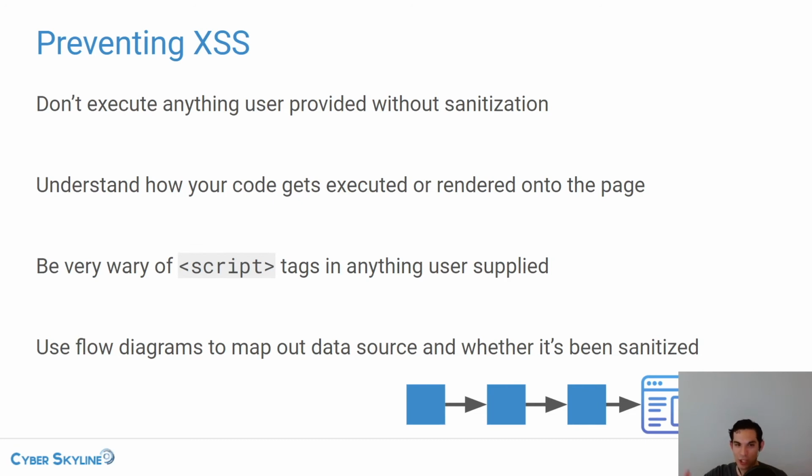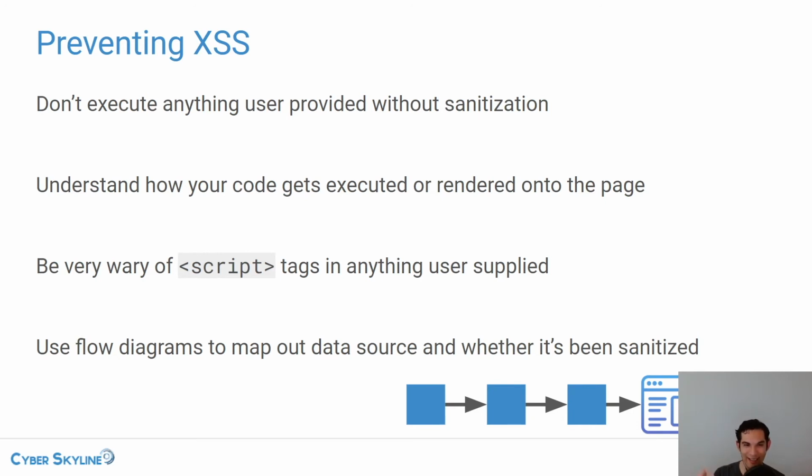So definitely map out your flow diagrams, figuring out, okay, this data, where did it come from? Is there a chance that the user could input it? There are some pretty indirect ways that you might not realize, because what if user inputted data is coming from your website? What if the user is making a tweet? Let's just use Twitter as an example. They're making a tweet and they put code in their tweet.